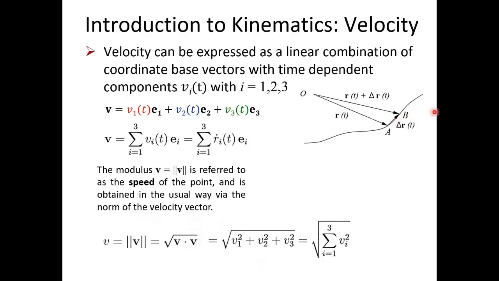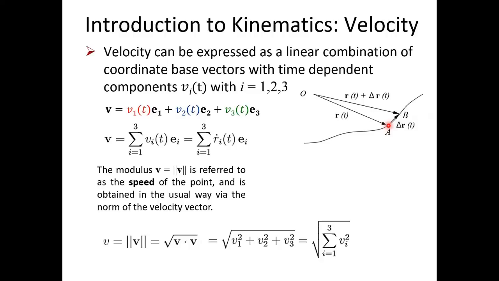Now, the velocity is defined as I showed you a while ago, the change of position delta r in a very small time duration delta t, and when delta t goes to the zero limit, dr over dt defines the velocity. So that means when dt goes to zero, this delta r becomes smaller and smaller, and it becomes tangential to this curve at this point.